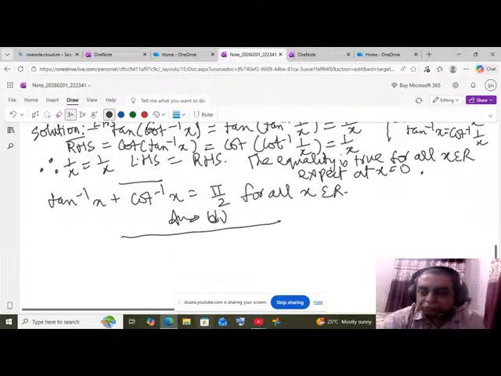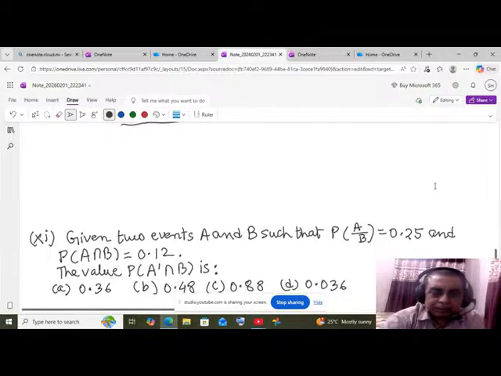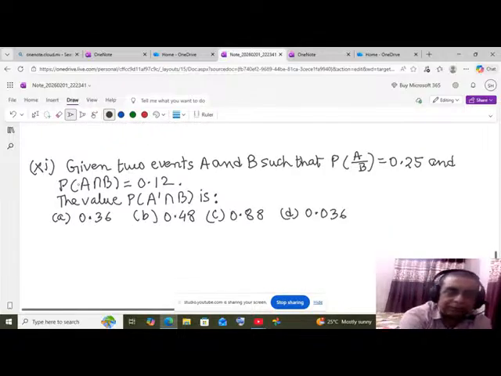Now we are moving to the next question. Number 11. Two events A and B are given, such that this is the conditional probability: probability of A given that B has already occurred, written as A oblique B, is 0.25, and the probability of A intersection B, that means together happening, is 0.12.